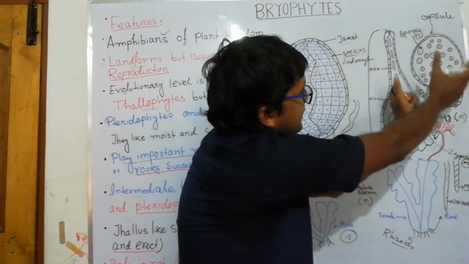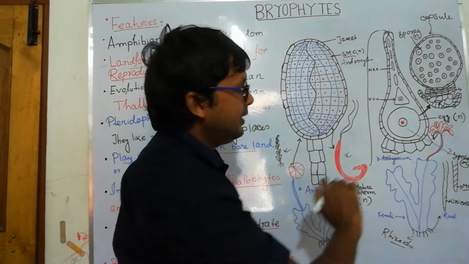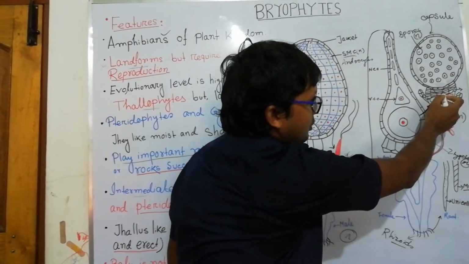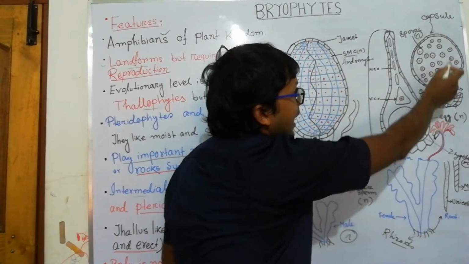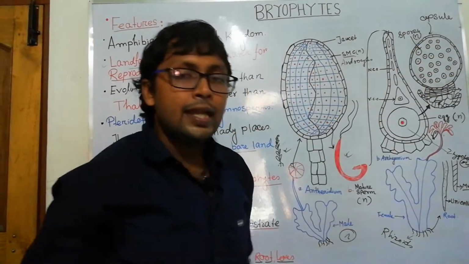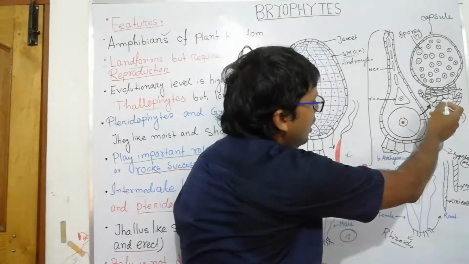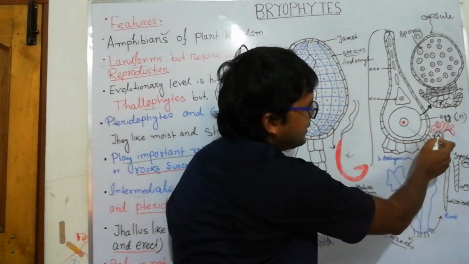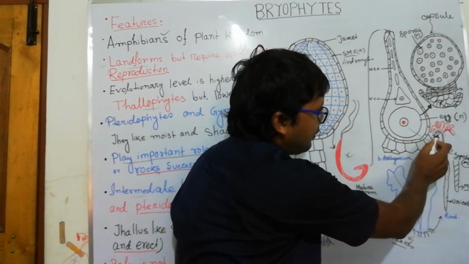This sporogonium is a specialized structure. This sporophytic structure has three parts. Here the basal region is called foot region, here is seta region, and this one is capsular region. In the capsular region spores are there. But this structure is developed in a gametophytic body.